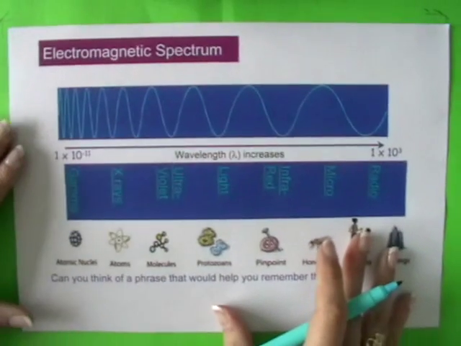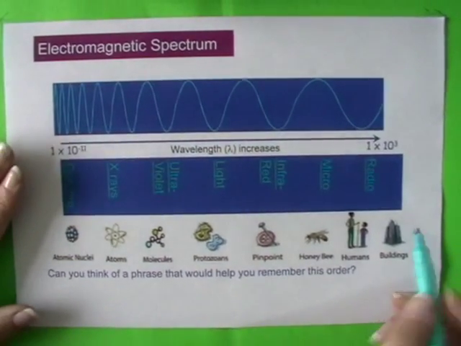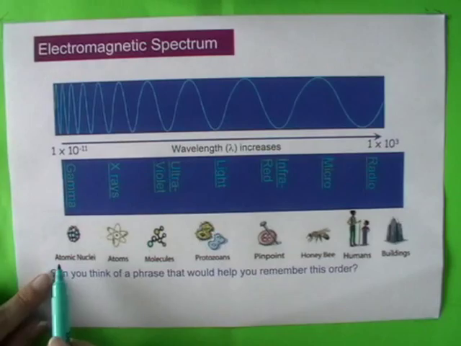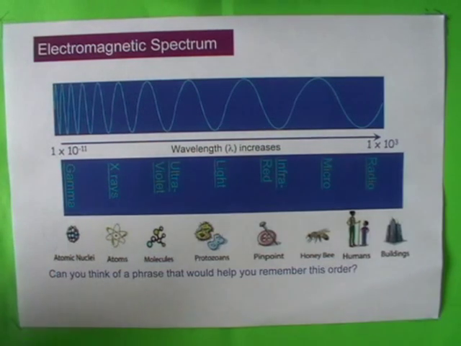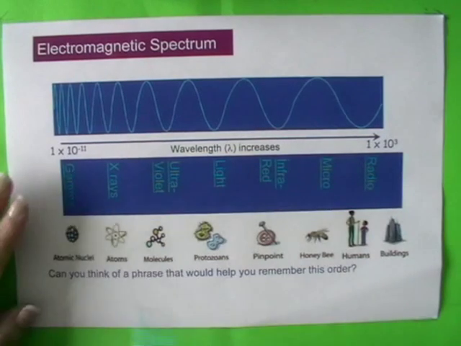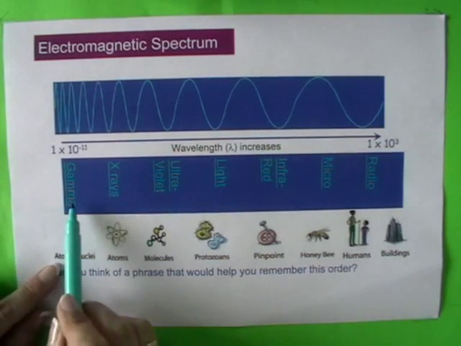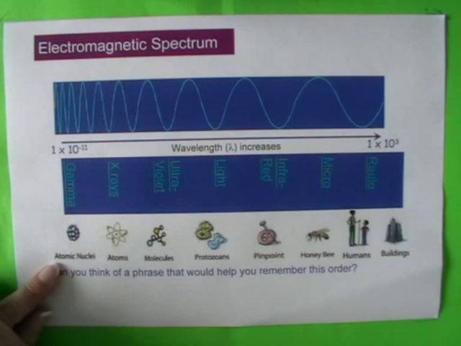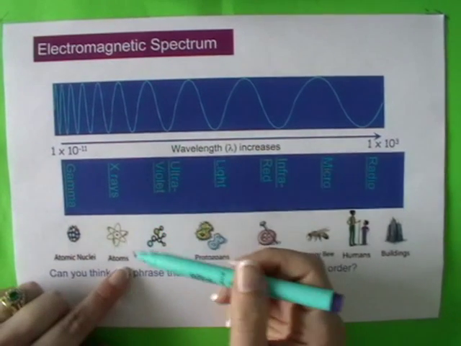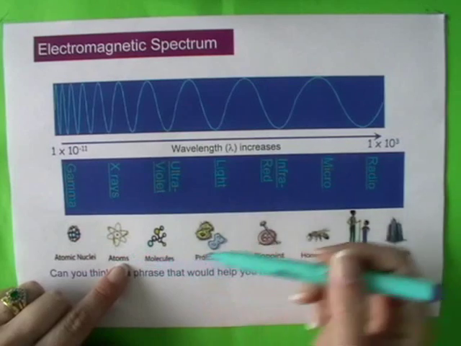In terms of the electromagnetic spectrum, we did mention those wavelengths. And the wavelengths can be represented in terms of size with these different examples. Atomic nuclei are approximately in the range of size of gamma rays. X-rays, the wavelength is approximately the size of an atom.